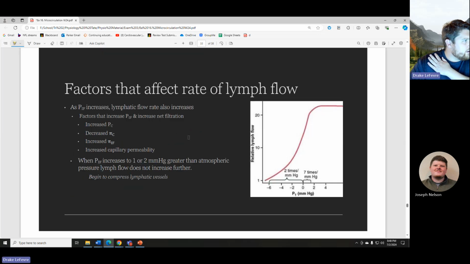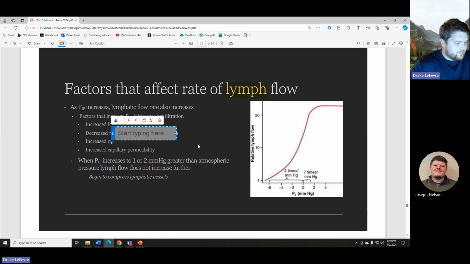Rate of the lymph flow: the stuff that affects lymph flow is all messing with our pressures. If you understand the direction those pressures go, if you increase or decrease the different pressures, that's when you're going to have increased lymph in the lymphatic system. For example, a decreased colloid osmotic pressure in the capillaries.